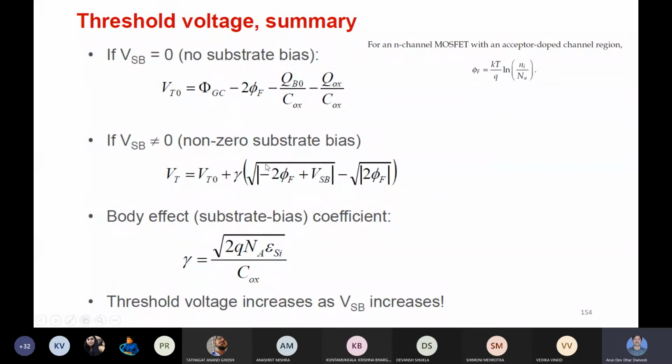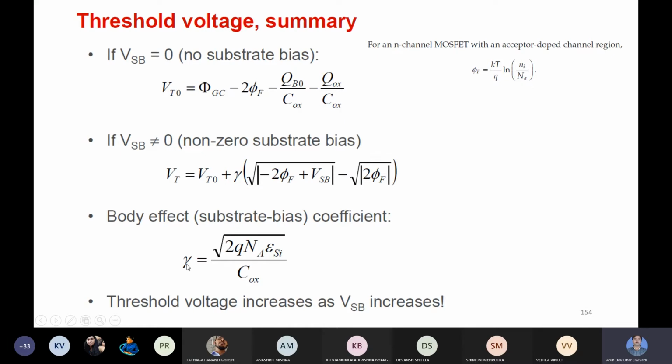In CMOS VLSI Design by Weste, instead of taking minus 2 phi f, they take the surface potential phi s. So here we can write phi s, and this one also phi s. It can be written in terms of phi s, but we should understand it in terms of Fermi potential, which is calculated by kT by q ln ni by Na.